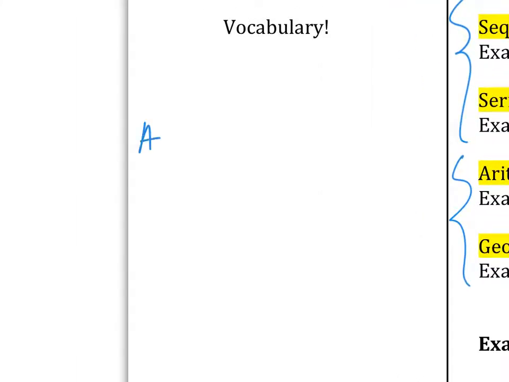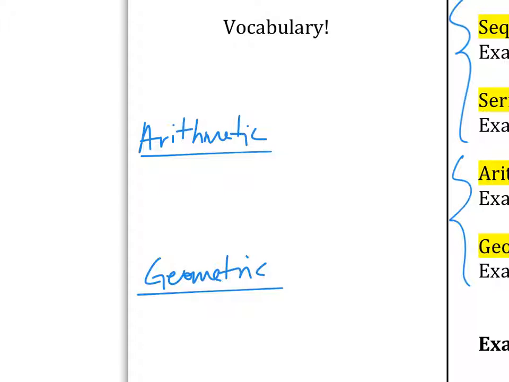Okay, so arithmetic versus geometric. Okay, arithmetic, something like this. 5, 10, 15, 20, 25, ... Geometric, 3, 9, 27, shoot.